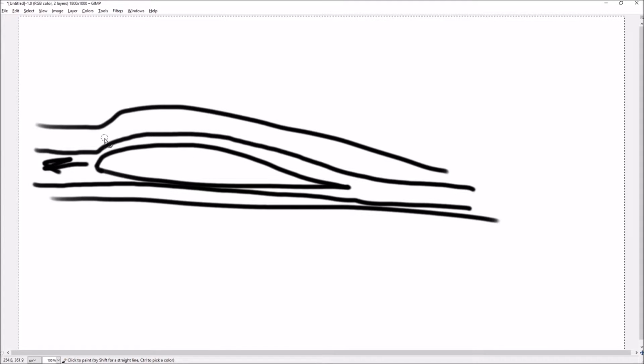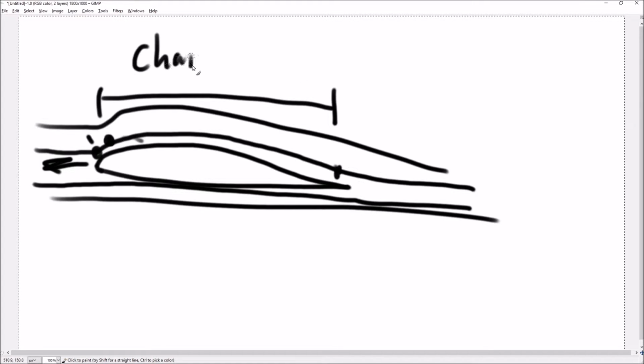So this part of the fluid here is changing direction. Well, actually it changes direction here, but here it's also changing direction downward. The sharpest change is here, but yeah, there's changes all the way through here. So we have a change in direction, which is also a change in energy.